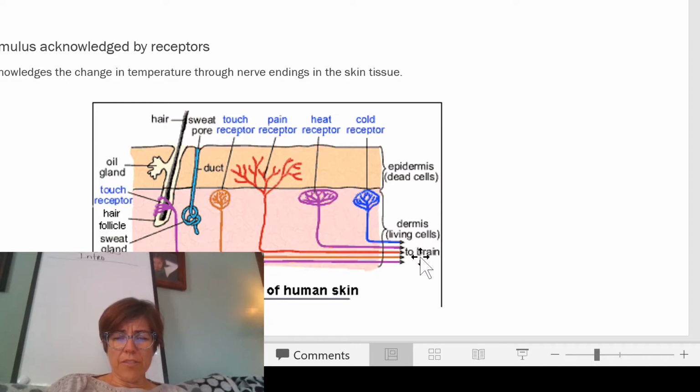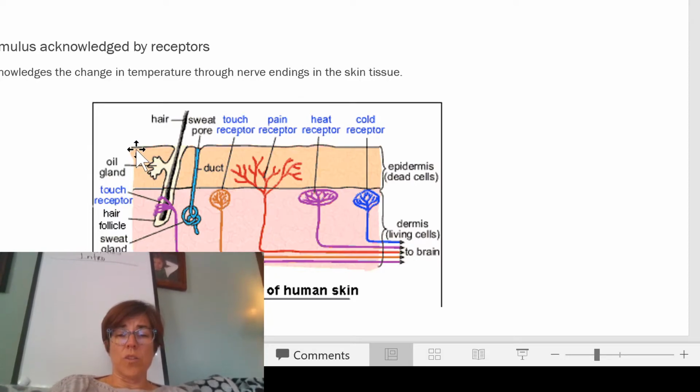Okay, but from the brain, we'll see that there are effectors, things within the skin that are going to end up responding. You have a sweat duct, you have a sweat pore where the sweat will come out, and the gland. You have hair with a muscle attached that can make your hair stand up.